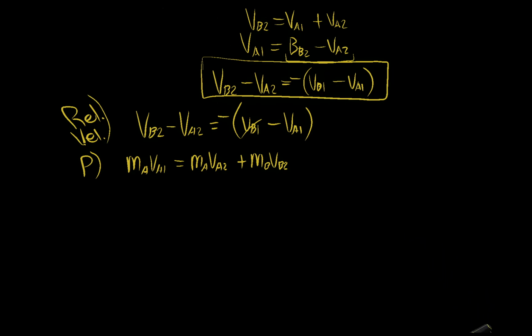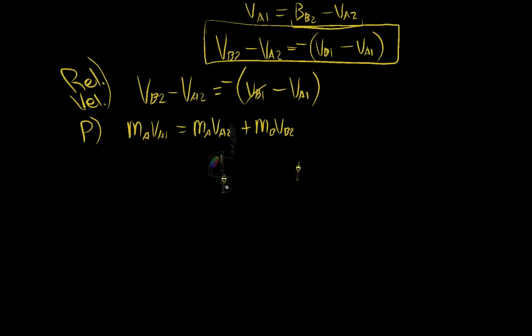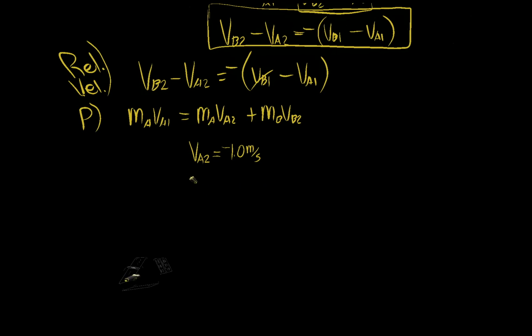There are no squared terms and odd things going on. If you solve that, which I advise you should just to ensure that you can do it, and to feel that power of solving a math problem, right? So VA2, you should get, is equal to negative 1 meters per second. And VB2 is equal to 3 meters per second.